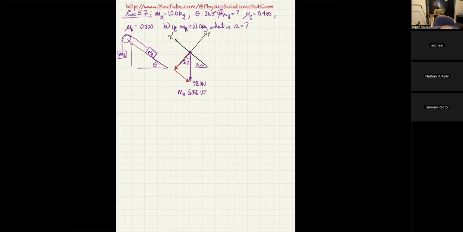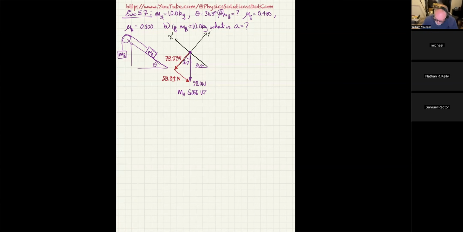So 98 times sine 36.9 gives me 58.84 newtons. And the other one will be 98 times the cosine of 36.9. So 98 times cosine 36.9 gives me, in this case, 78.37 newtons. And that's carrying one extra digit, as I said.